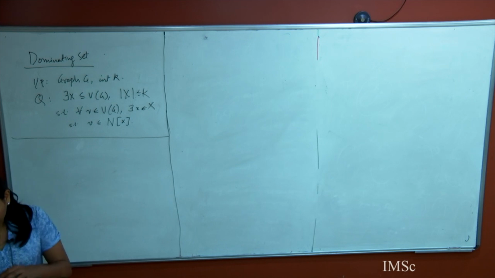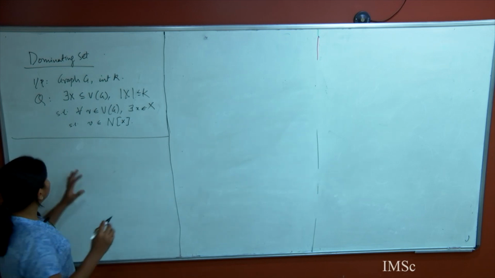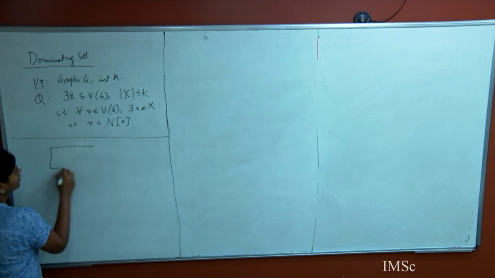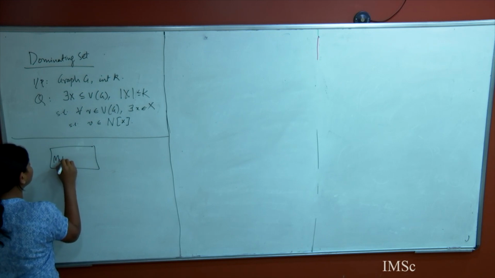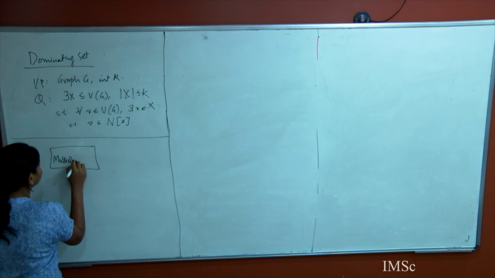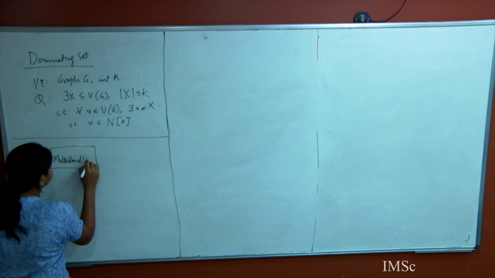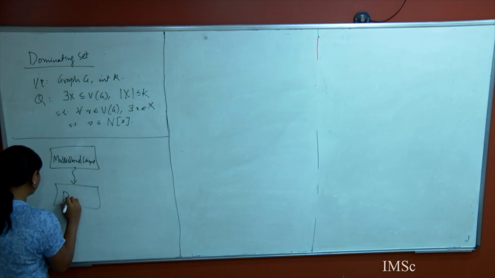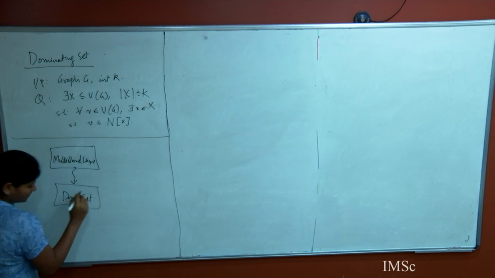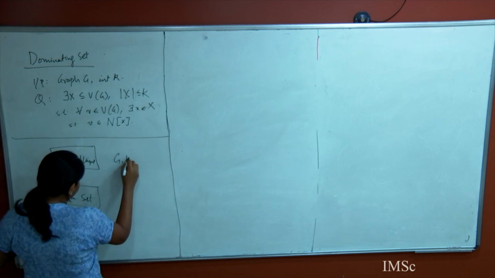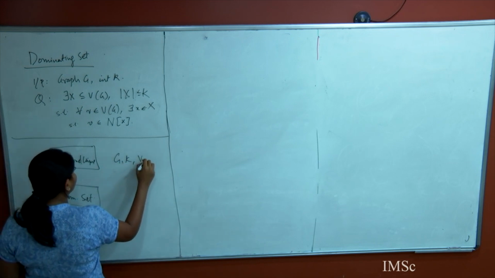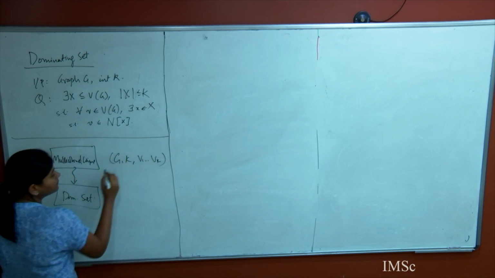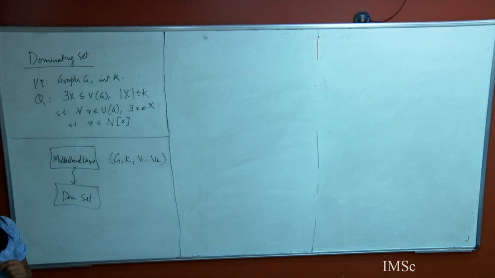So now suppose we are given a multicolored clique instance. Let's see how this reduction works.